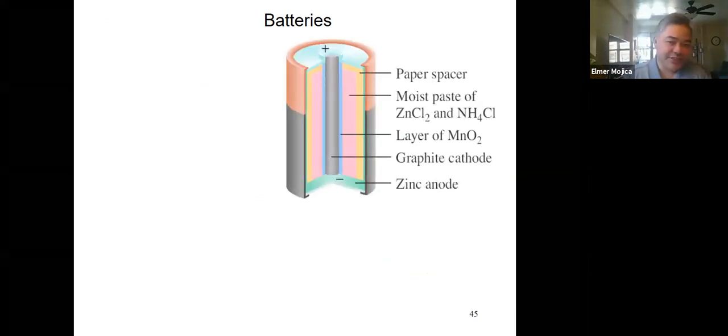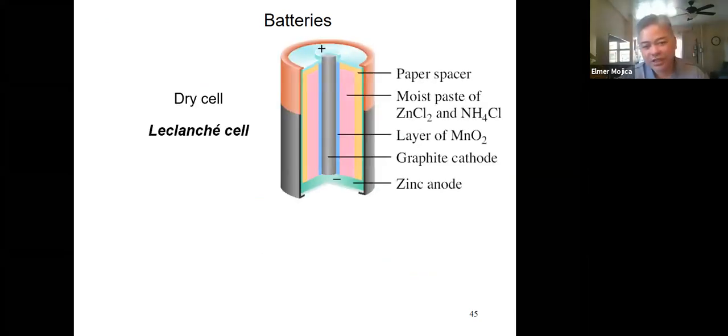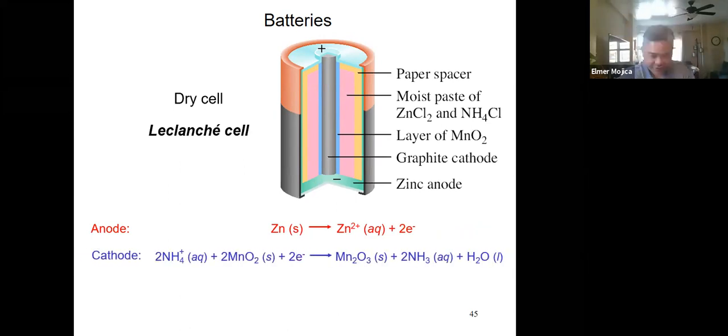So just to give you an idea of the batteries that we have, this is a Leclanché cell or a dry cell. Maybe that's your Duracell. The anode that you have there is your zinc, and the cathode is ammonium chloride reacting with manganese dioxide. That's the black powder that you have if you open a battery. You don't want to open it because it has ammonia, and once it's broken, it can smell like an unclean restroom.